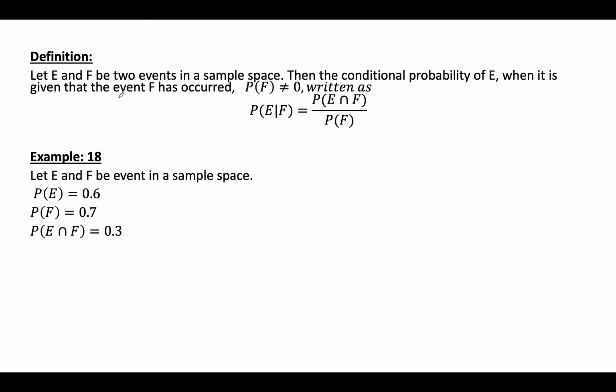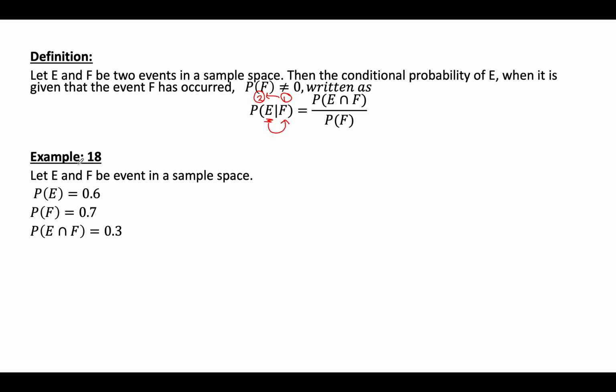So here, the definition says that let E and F be two events in a sample space, then the conditional probability of E when it's given that the event F has occurred is written as follows. So the probability of E given that F, this happened first, then this should happen. So this equals the intersect over the one that happened first, which is F.